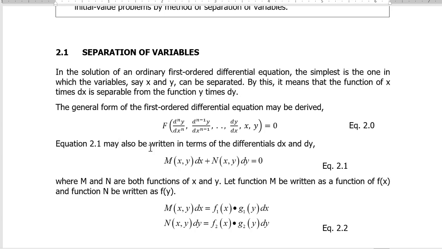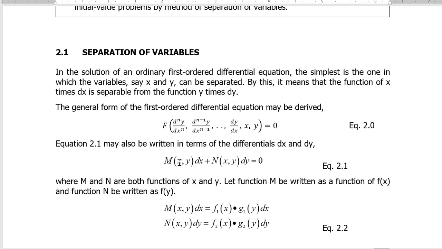Equation 2.1 may also be written in terms of the differentials dx and dy. So, here are its derivatives. It is no longer dy over dx; we separate them. Here, M times dx.